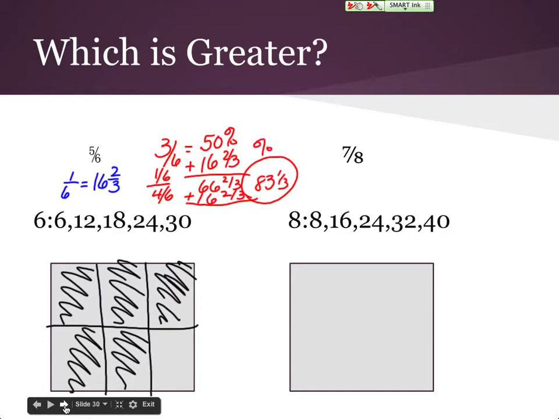Okay, Hunter, come up and break the other fraction into 8 equal parts, and hopefully you're doing this too on your paper.